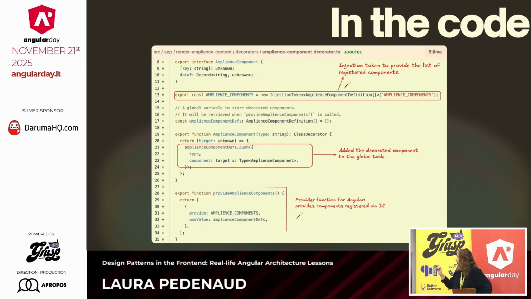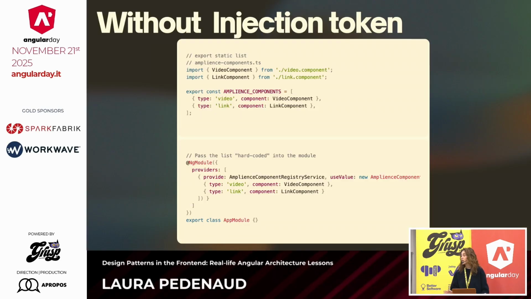And then we have a function, provide appliance components function, that provides the components registered by the dependency injection. Without injection token, we would have to export a static list and maybe pass the list hard-coded into the module.